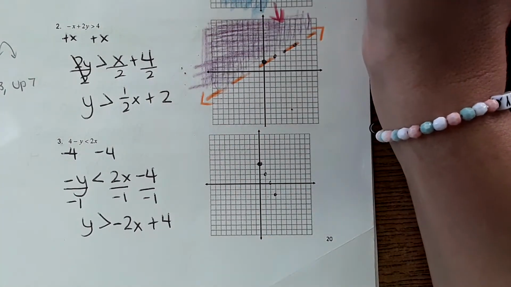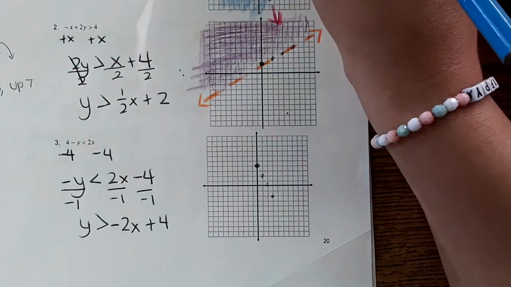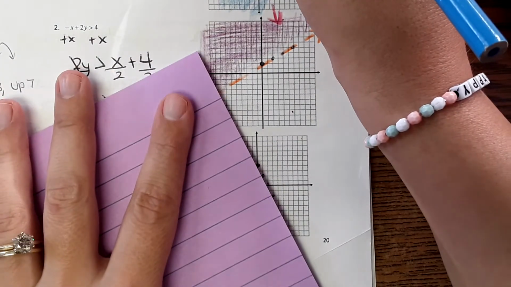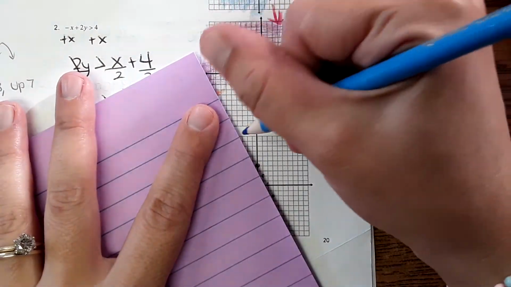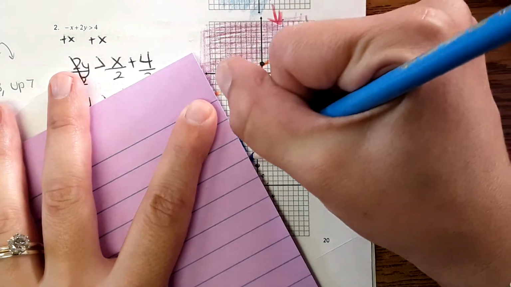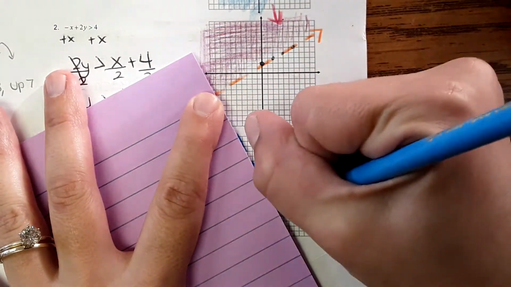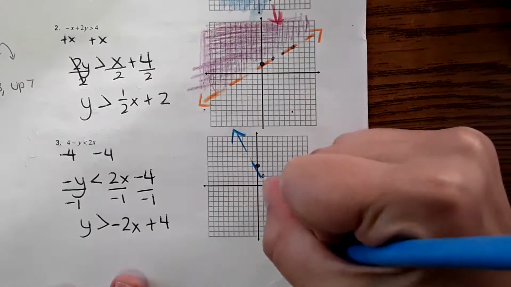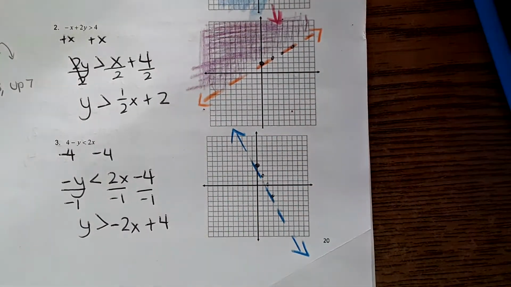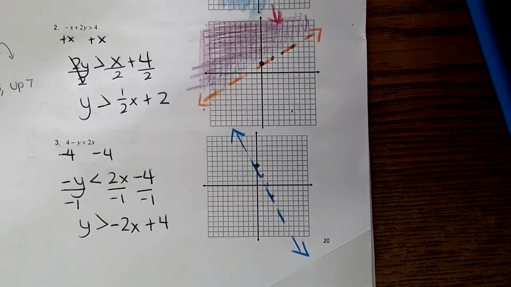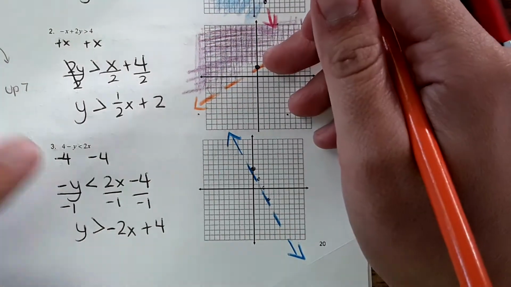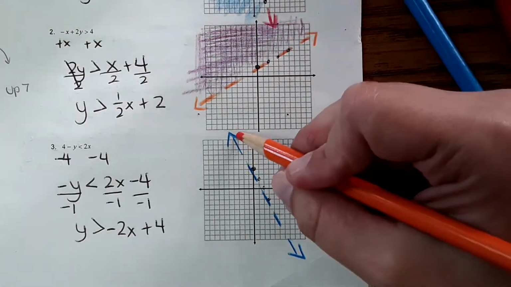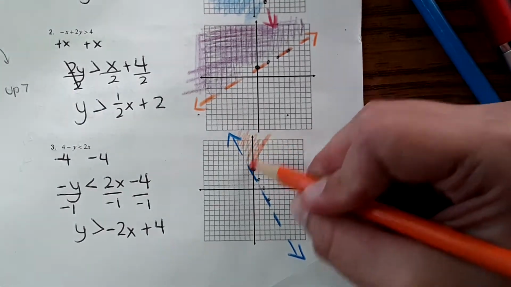And then it is a dotted line again. And then y is greater than negative 2x plus 4, so our shading would go above the line, so up here.